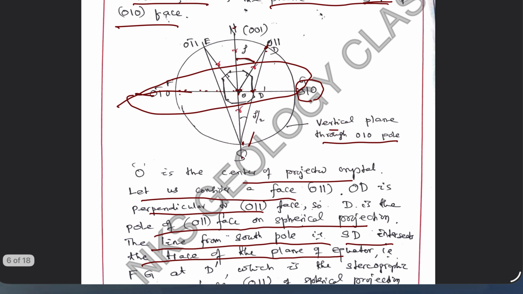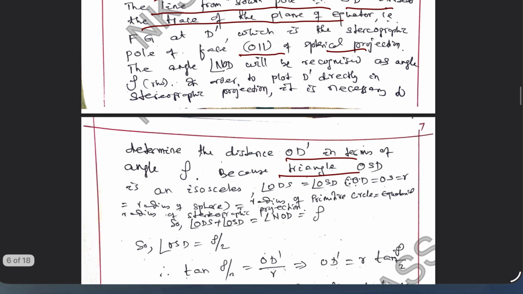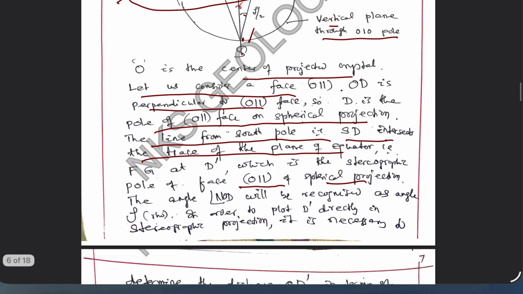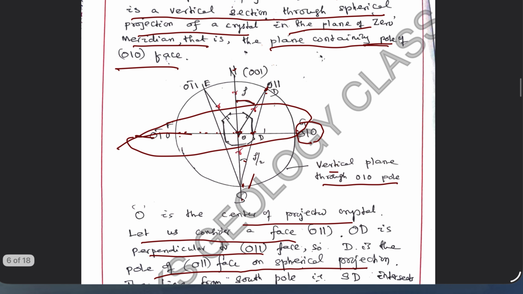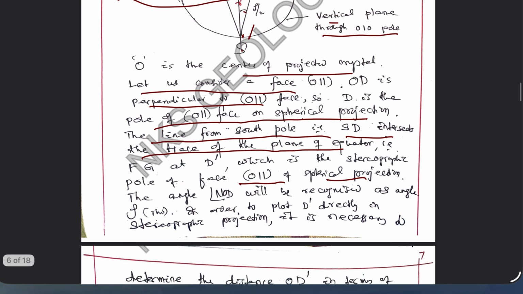This will be rho by 2, this will be rho by 2, because this is the radius R of the spherical projection.